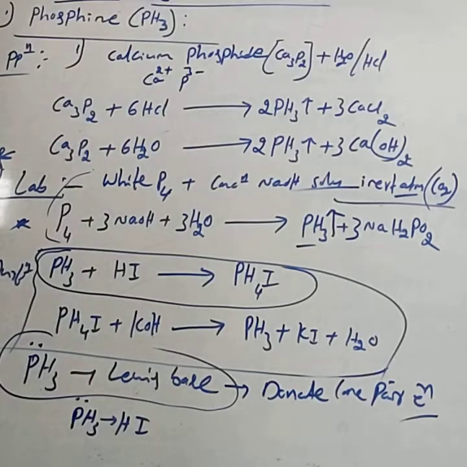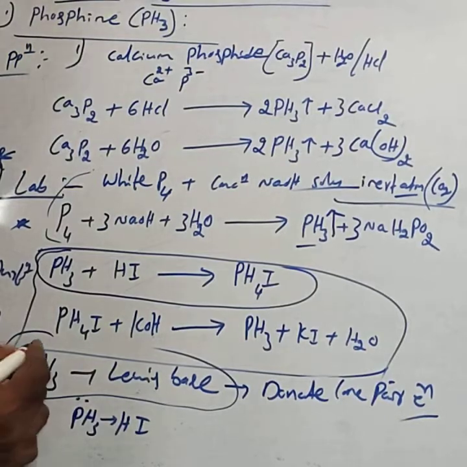In phosphine, the phosphorus atom undergoes sp3 hybridization and has a pyramidal structure due to the presence of one lone pair of electrons.